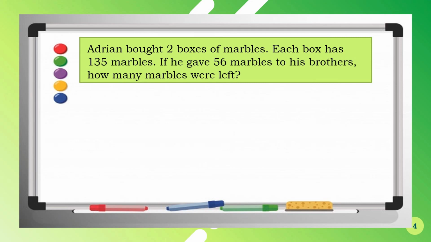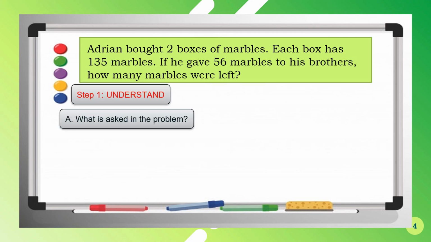To solve this, we must follow the steps in solving word problems. Step 1 is understand. So we need to identify what is asked in the problem. We can write how many marbles are left or the marbles left to Adrian.